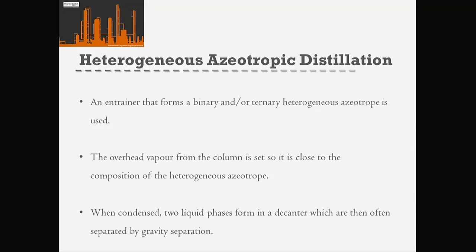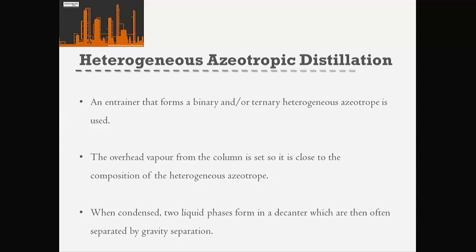And what we might have is that the entrainer forms a heterogeneous azeotrope. So now we have the fact that at some point in our system, we have a vapor in equilibrium with two liquid phases. So we have vapor-liquid-liquid equilibrium.